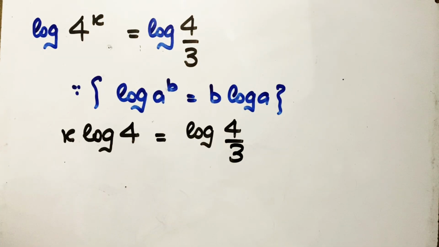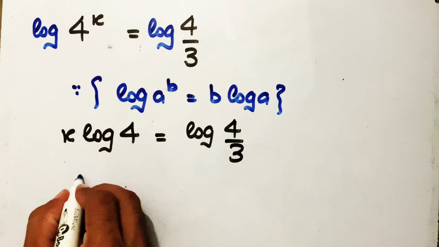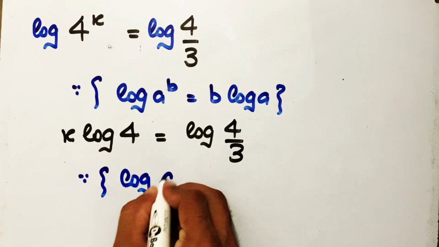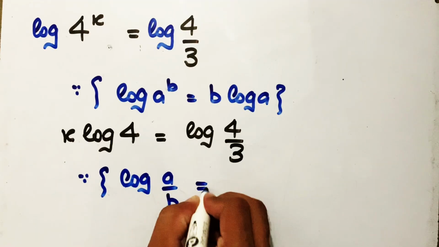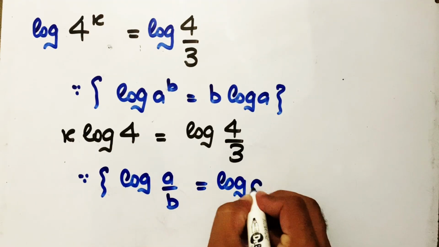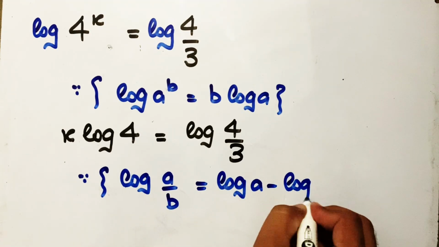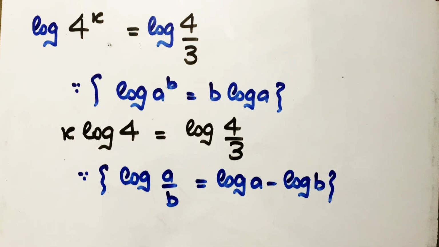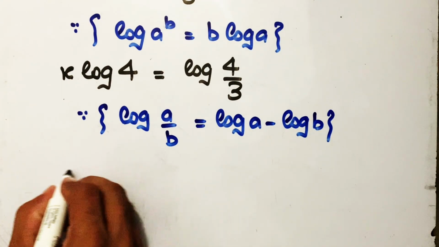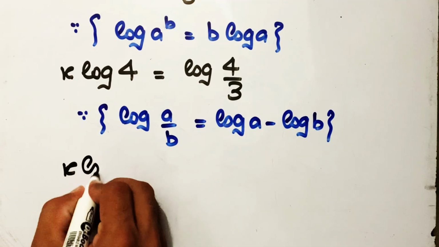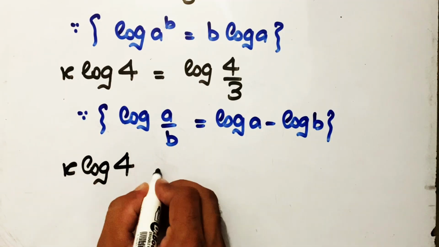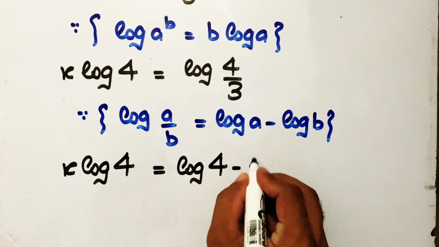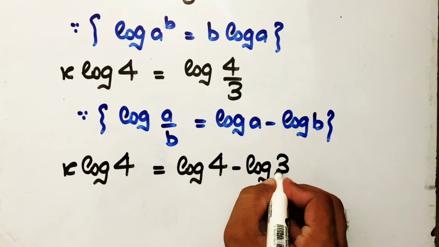The quotient rule of log says the log of a divided by b equals log of a minus log of b. So our equation is x log of 4 equals log of 4 minus log of 3.